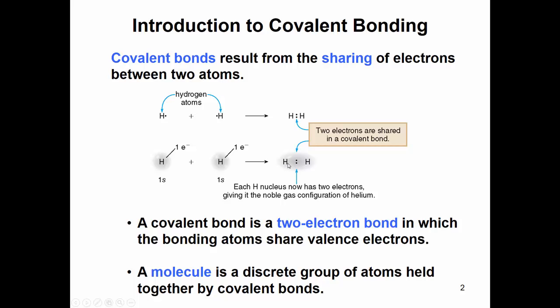We also represent this, and you'll see this often, with just a line between the two, and that is a covalent bond. It represents two electrons in the bond. So there are two electrons in every bond.